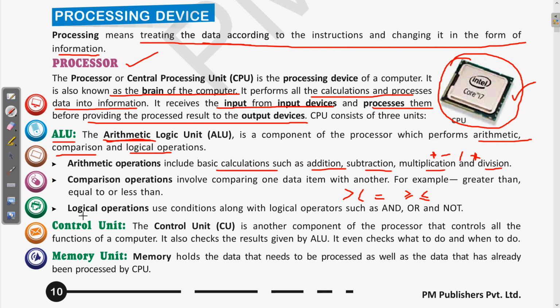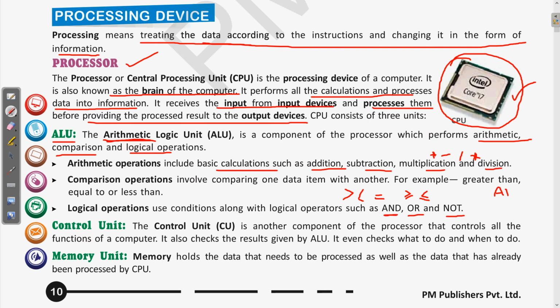Then we have some logical operators. So what are logical operators? Logical operators are conditions. Suppose we have two switches. If both switches are on, only then the bulb will light. This is called the AND operator. There are various operators like AND, OR, and NOT. These are various logical operators.